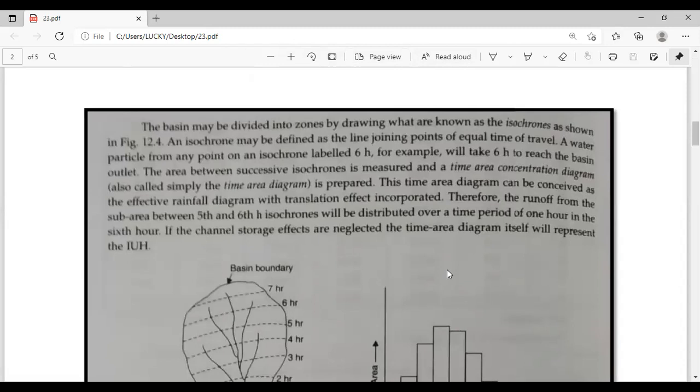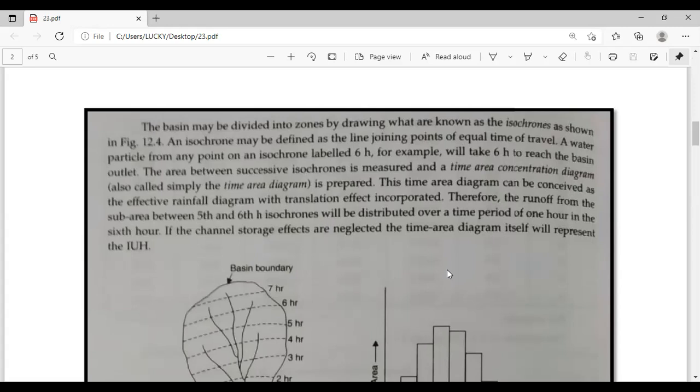An isochrone may be defined as the line joining points of equal time of travel. A water particle from any point on an isochrone labeled 6 hours, for example, will take 6 hours to reach the basin outlet.